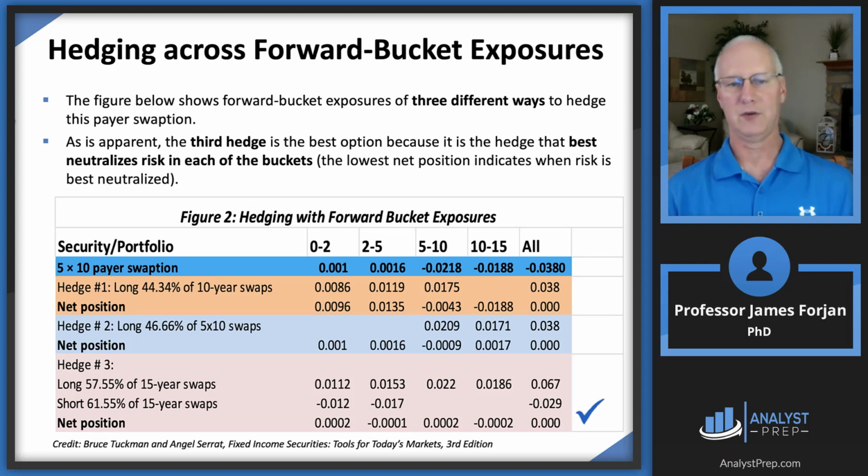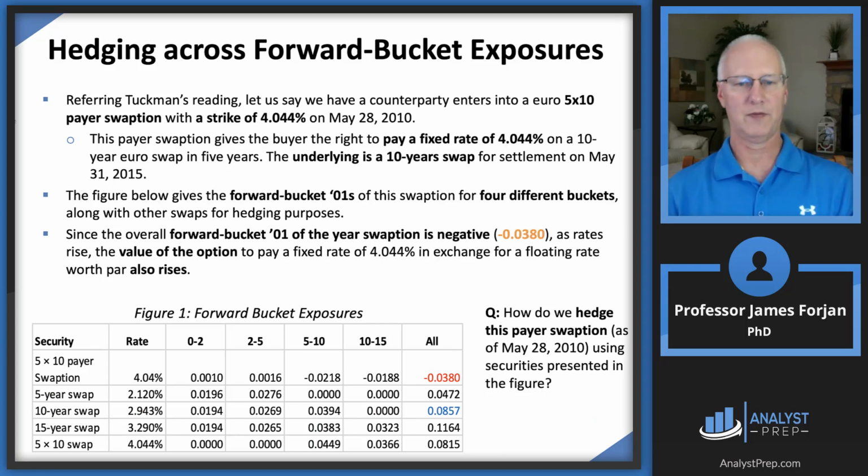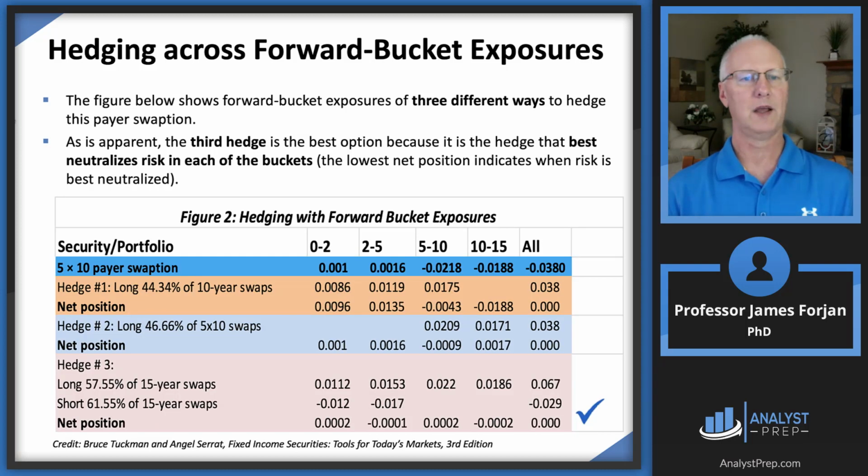Then take 44.34% of the number in the 0 to 2 bucket linked with the 10-year swap. What's that number down there? 0194. If you take 44.34% of that number, you get the 0086. So that's how you complete that row.